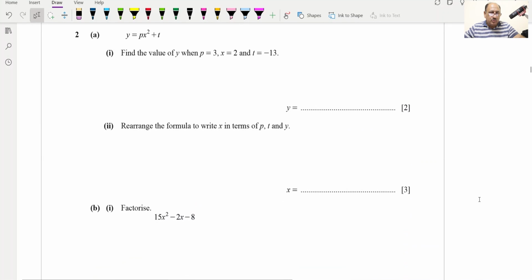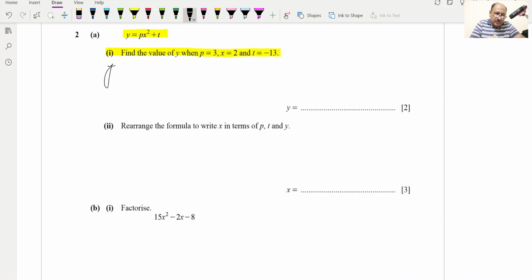Now question number 2 says y is equal to p x square plus t. Find the value of y when p is equal to 3, x is equal to 2 and t is equal to minus 13. This is basically a substitution of values question.